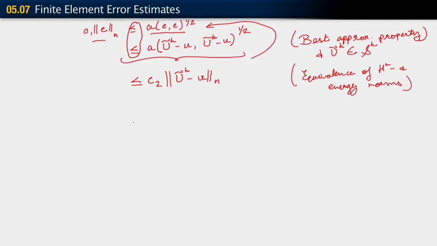Okay. Now, continuing to work, we recall our Sobolev interpolation error estimate. Okay. So that interpolation error estimate is one that is applied to u tilde_h minus u, right? Because that's the interpolation error. Okay. And that was that u tilde_h minus u is less than or equal to some constant C h to the power alpha times the r norm of our exact solution.